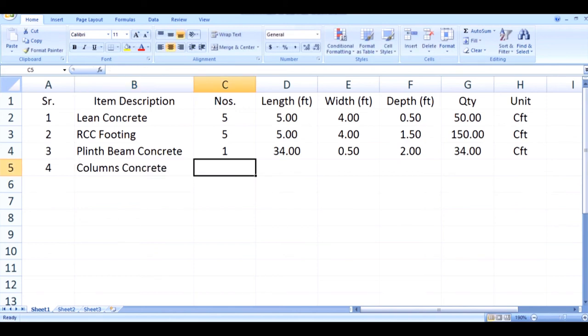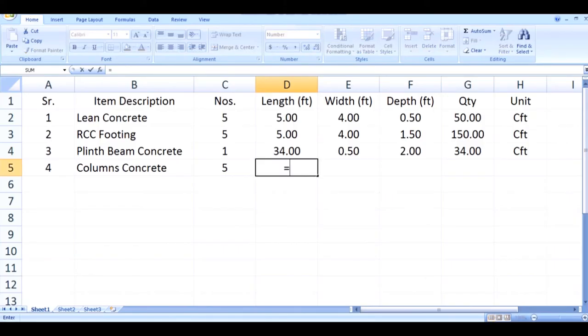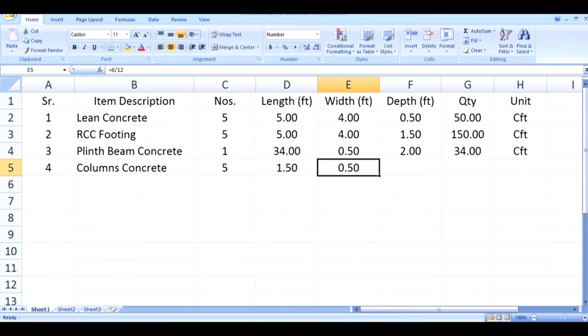There are 5 columns, that's why we write here 5. Length and width of the columns are 18 inches by 6 inches. So right here 18 inches divided by 12 converts into feet, and 6 inches divided by 12 converts into feet and becomes 0.5 feet.